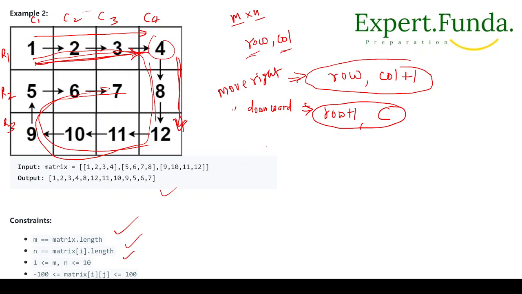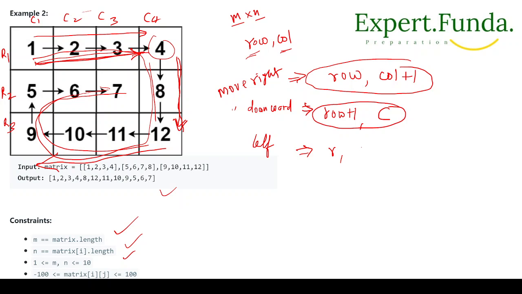Similarly, let's suppose we are going to move left, in this direction. When we move left, the row will remain the same, because we are on R3. So R will remain the same.